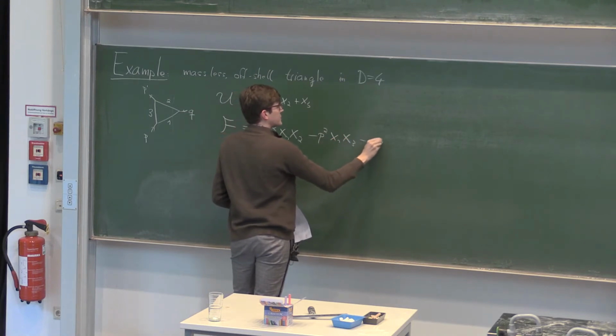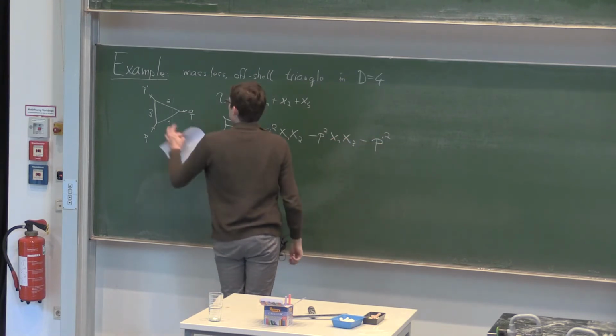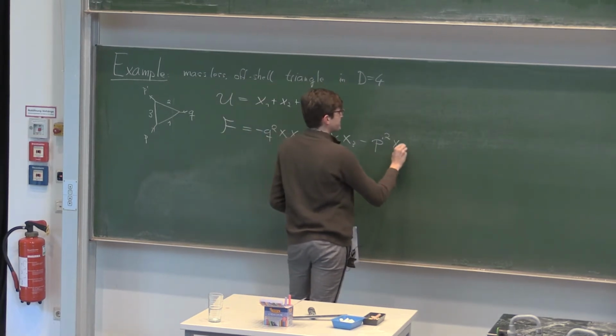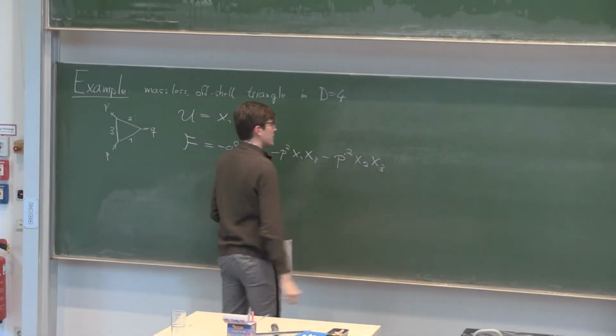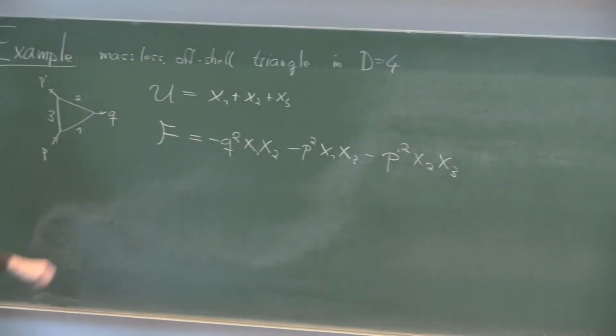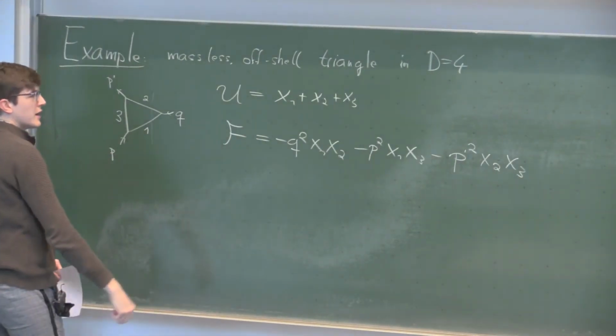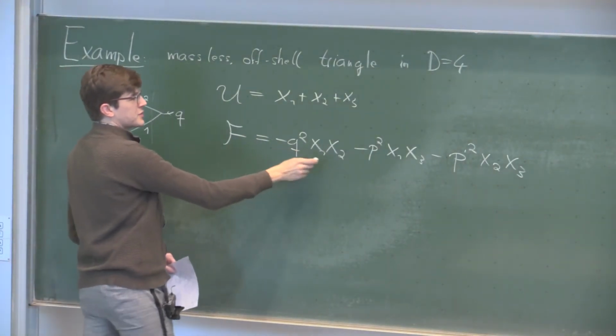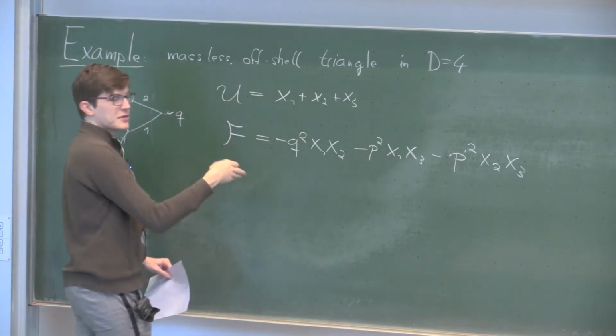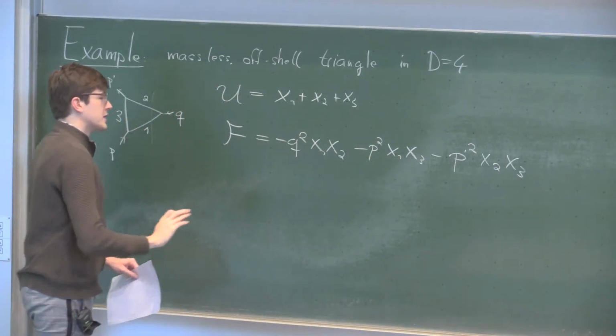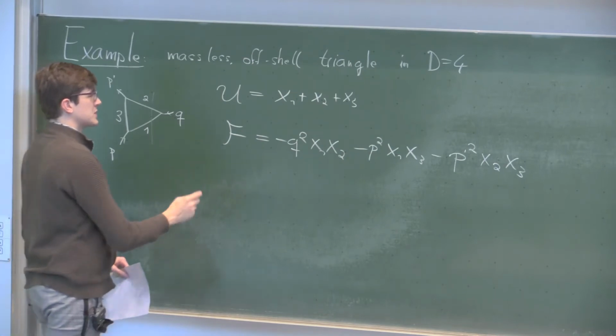And for the other one, which is p prime squared, you have to delete x2 and x3. So these are the polynomials in this case. No mass terms here. And I want all of these momenta to be non-zero, and I want to be in the Euclidean region where they're positive. Then we can think about analytic continuation afterwards.